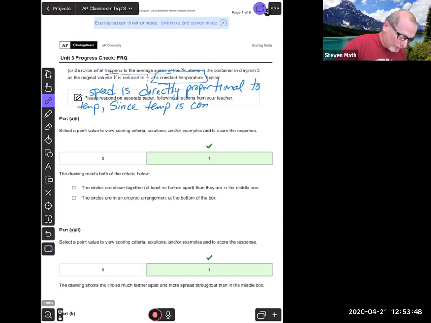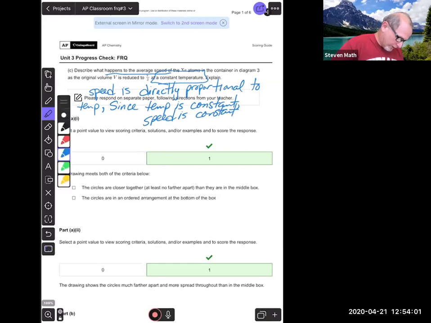Yes, you need to restate that. Comma, speed is constant. That's the phrase that pays. You need to have both of those phrases. The temperature is constant and the speed is constant. You could rearrange this and write it backwards and say the speed is constant because speed is directly related to temperature, but you had to have both of those.